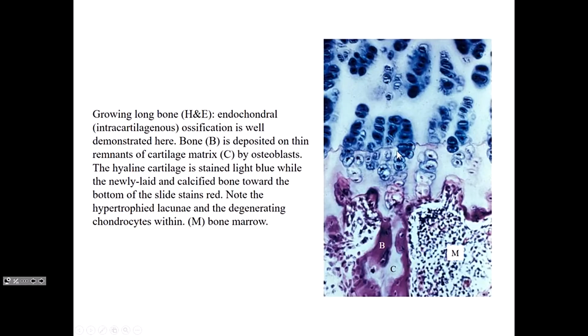Okay, so this shows you very nicely this ossification. So the blue is the epiphyseal growth plate, which is cartilage. The pink is the trailing edge of bone marrow. So here's M for marrow, a little bit of cartilage and bone. And this is stained to show you the calcium salts are diffusing into the trailing edge of the cartilage plate.